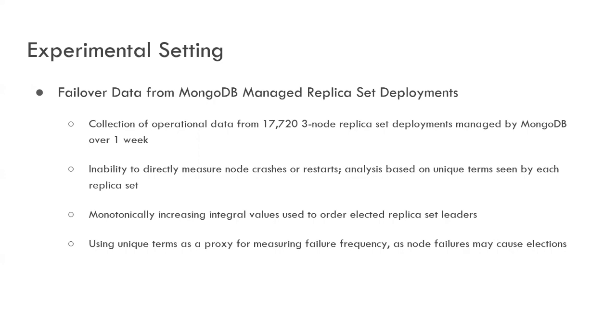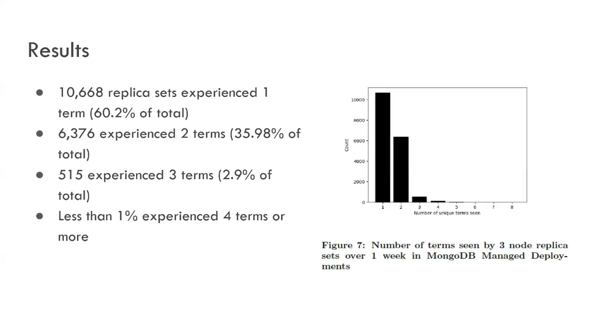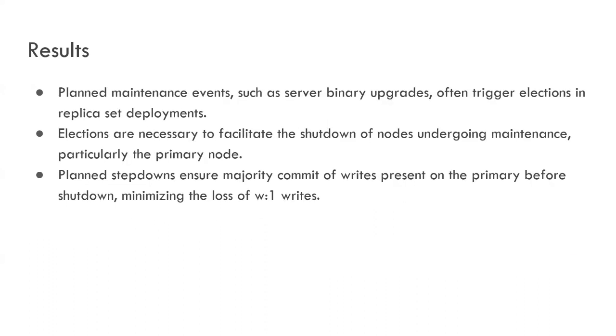10,000 replica sets experienced one term, 6,376 experienced two terms, 515 experienced three terms, and less than 1% encountered four terms or more. In many of these managed deployments, it is likely that one of the most common sources of term changes is an election triggered by a planned maintenance event, such as upgrading a server's binary version.